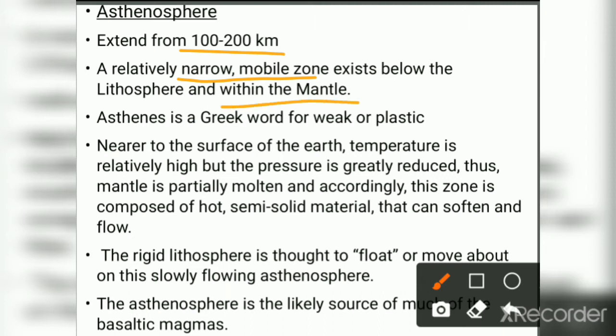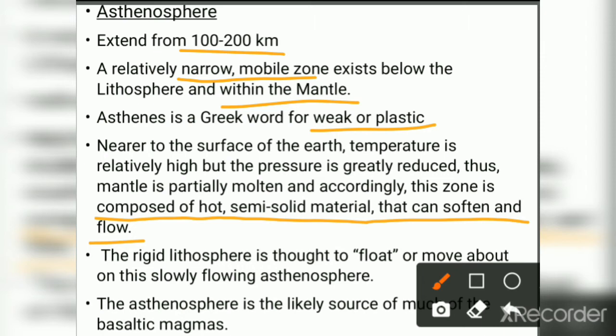Asthenis is the Greek word meaning weak or plastic. Nearer to the surface of Earth, temperature is relatively high, but the pressure is relatively reduced. Thus, the mantle is partially molten, and accordingly, the zone is composed of hot, semi-solid material that can soften and flow. So, asthenosphere is a mobile and plastic phase.